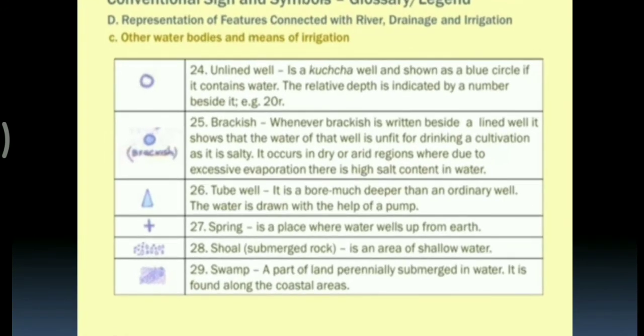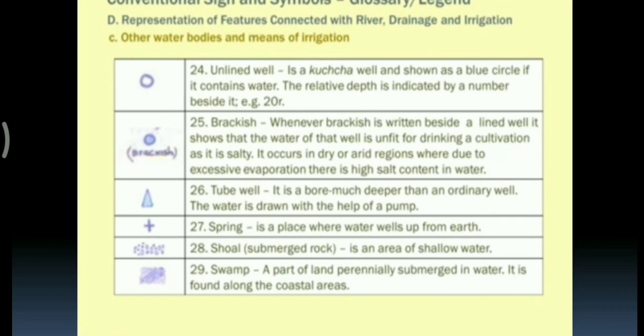If unlined well, that means not a pakka well, it is a kacha well and shown as a blue circle, contains water. Relative depth is indicated by a number beside it, such as 20 r. 20 r means the depth is 20 meter.